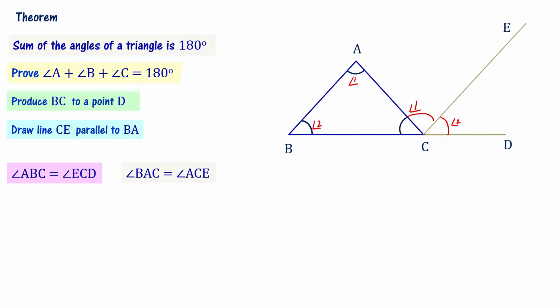Now look at this. This is point C, right? On this straight line, we have three angles at this point, right? Let me call this as angle 3. Angle 3, angle 1 and angle 2 are there. And again, within the triangle also you have angle 1, angle 2 and angle 3.